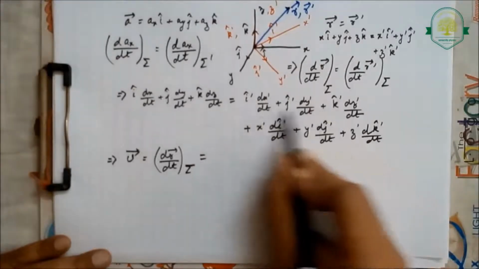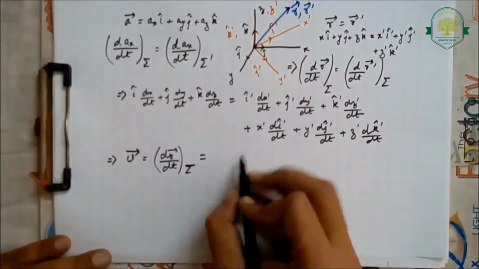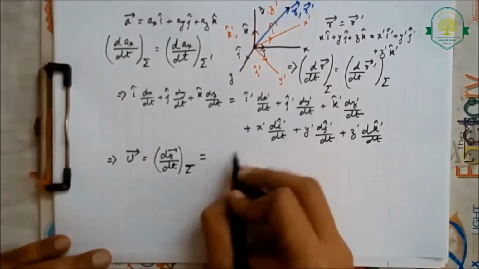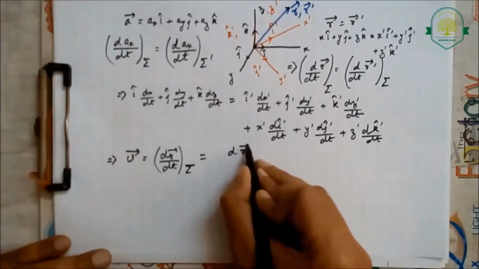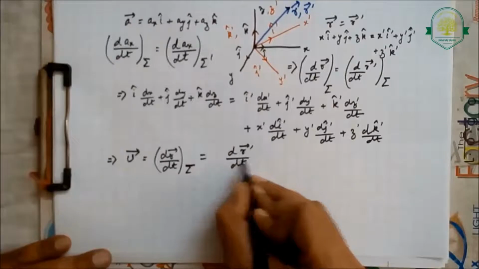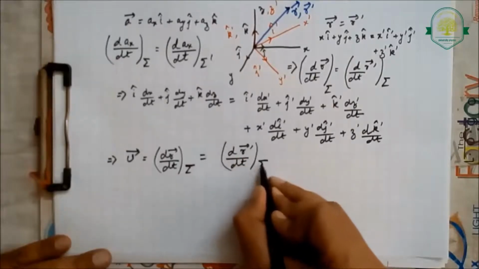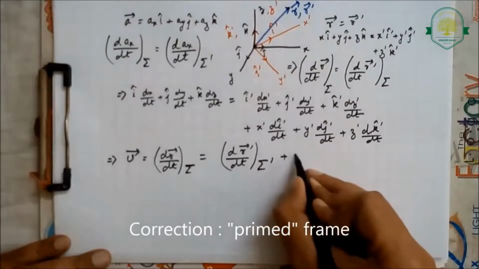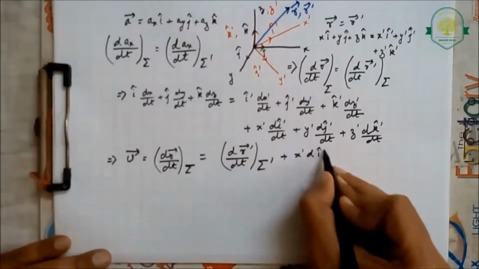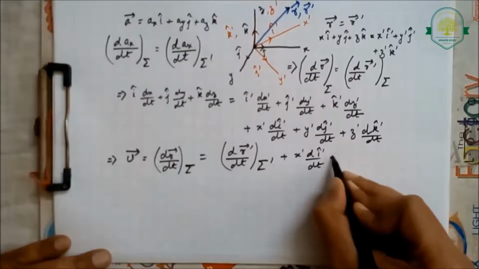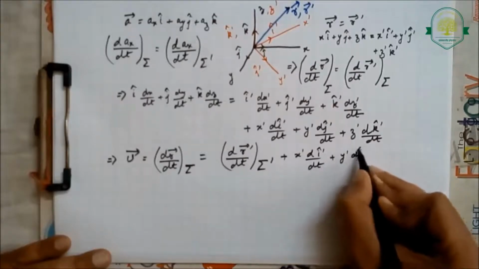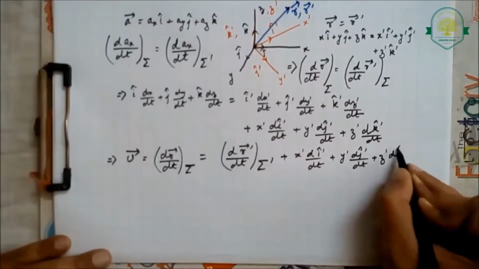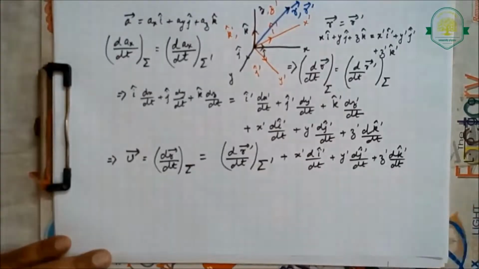In the same way, this is basically the velocity vector in the primed frame of reference, which is just dr primed over dt as done from the unprimed frame of reference, plus x primed d i cap primed over dt, plus y primed d j cap primed over dt, plus z primed d k cap primed over dt.